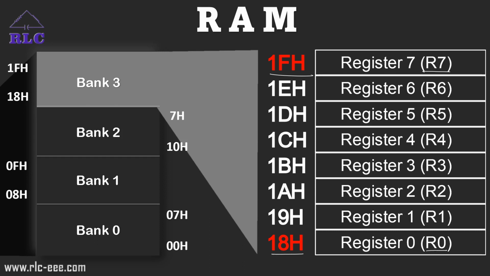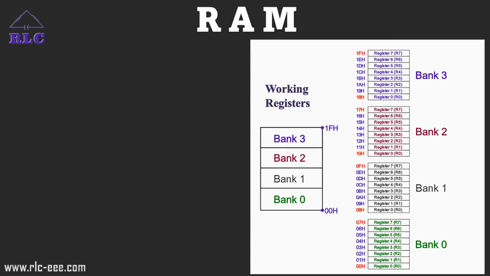Now, bank 0 has R0, R1, R2, R3, R4, R5, R6, R7, and the same is true for bank 1, bank 2, and bank 3. Now the question arises: if we say move the data from R0 to A, which R0 should be selected? Or move the data from R1 to A, which R1 memory location should be selected: that of bank 0, bank 1, bank 2, or bank 3?